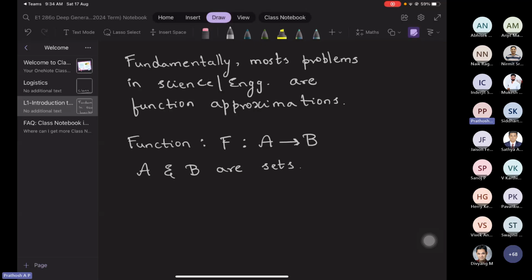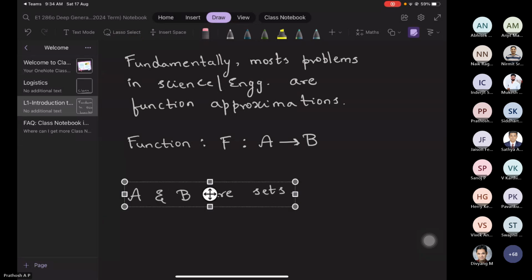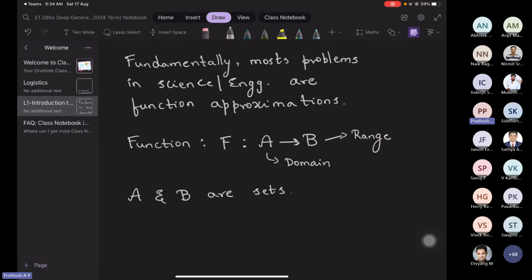Generally, this set is called the domain, and this set is called the range. So there is a function that takes an element from the set called the domain and maps it to another set called the range.